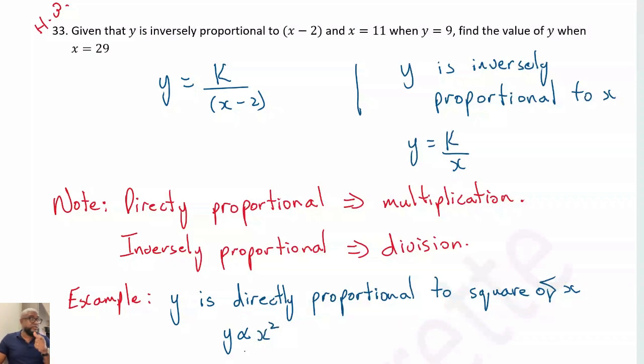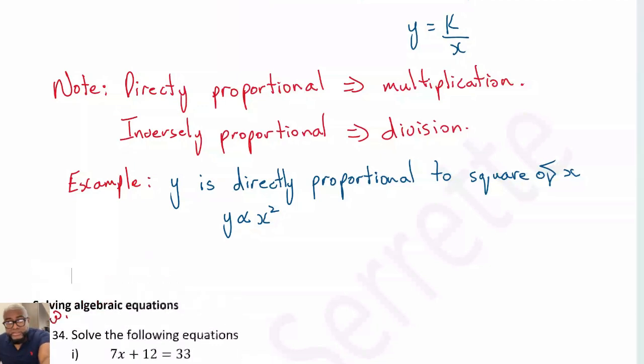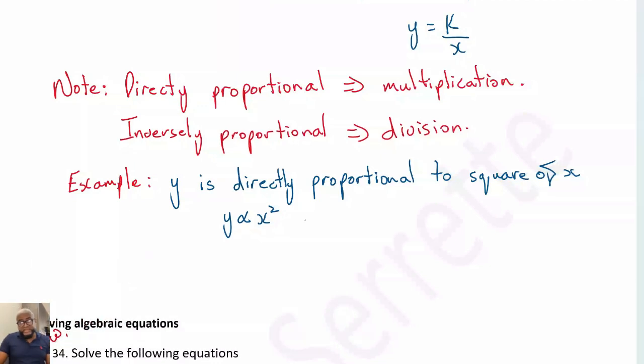Remember I told you all last week, this implies variation or proportion. This symbol here, we did that last week. So this statement gives us the formula y is equal to k multiplied by x squared. That's example number 1. Example number 2.